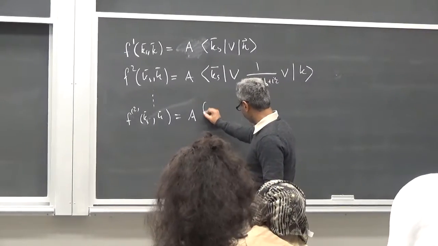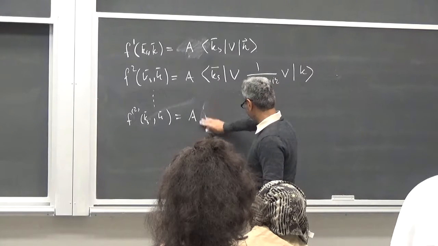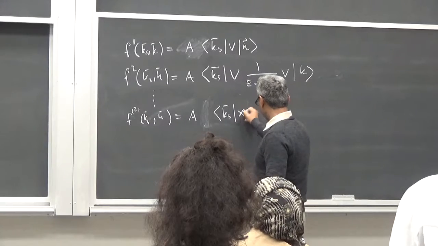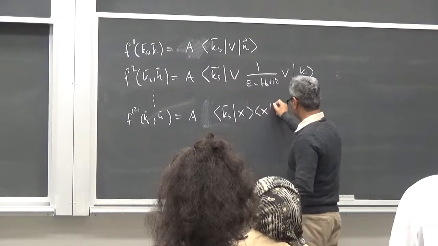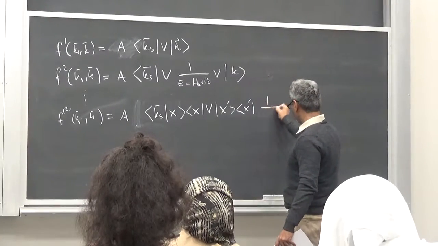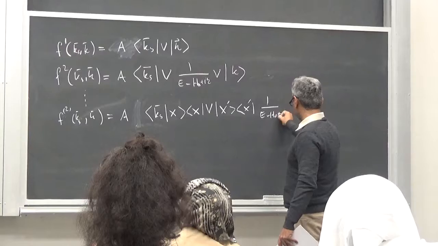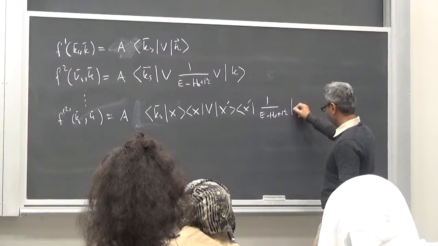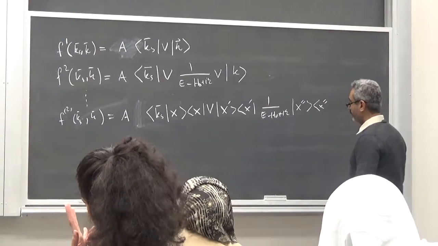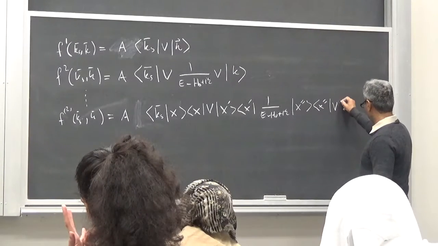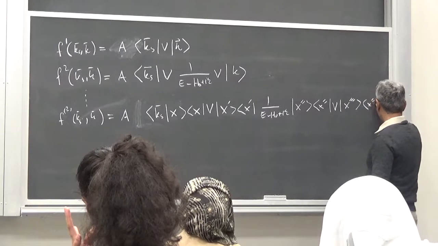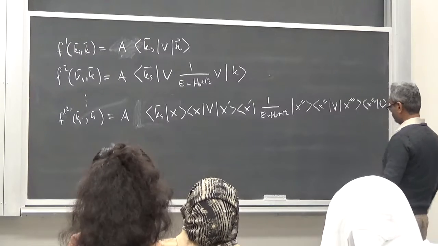So you would have ks x, x v x prime, 1 over e minus h naught plus I epsilon x double prime, v x triple prime, k.